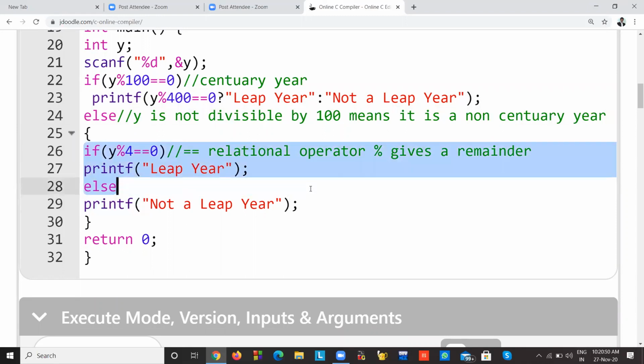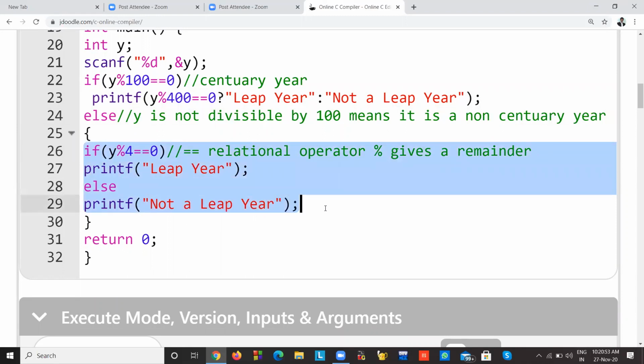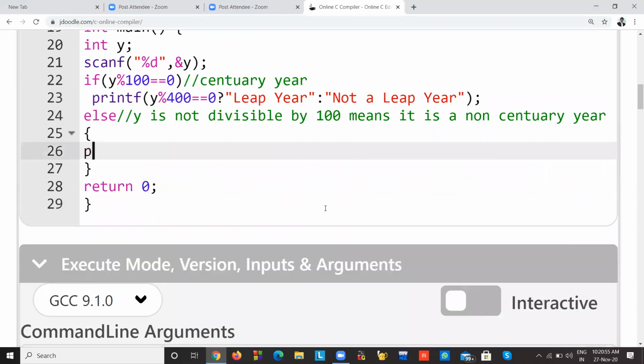What is the division condition here? Divided by 4. So we can write like this: printf, first the condition y mod 4 is equal to 0. If you want, you can enclose this in a separate parenthesis, but because it is a single condition I am not using additional parenthesis here. That means if the integer y divided by 4 leaves remainder 0, we print a constant, leap year.